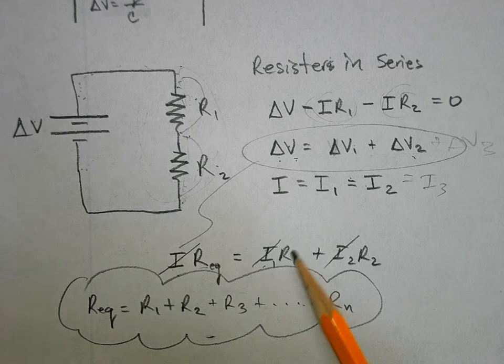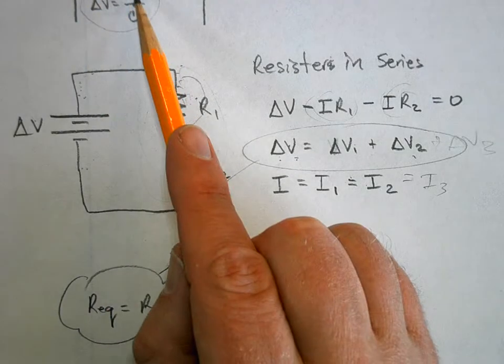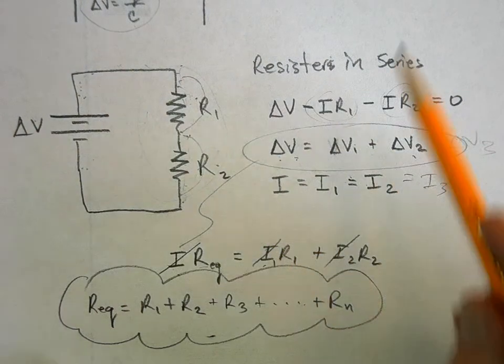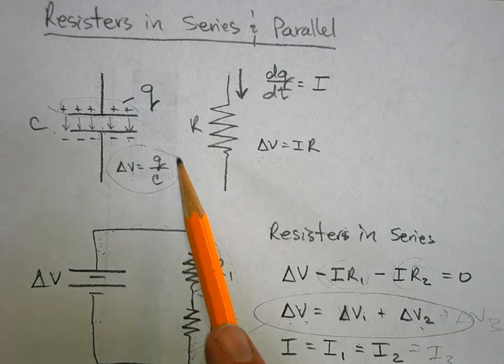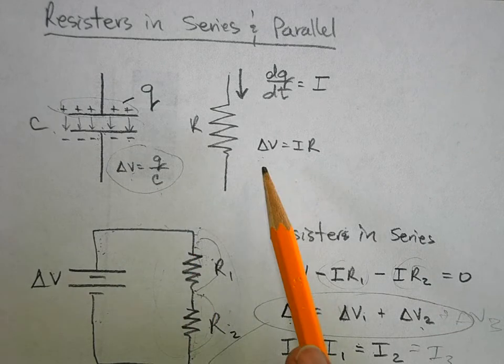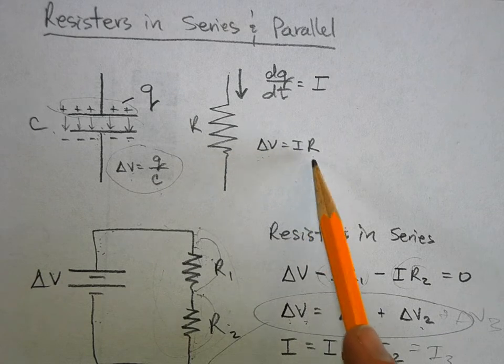Capacitors, you had 1 over the equivalent capacitance is equal to 1 over C1 plus 1 over C2, etc. And that's because delta V is equal to Q over C, where the voltage drop is Q over C, wherefore the way we define resistance, delta V is equal to I times R, not divided by R.